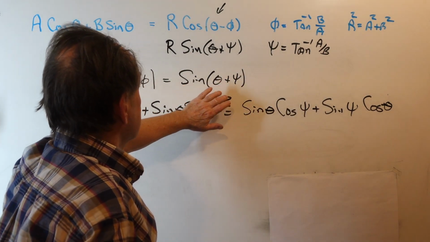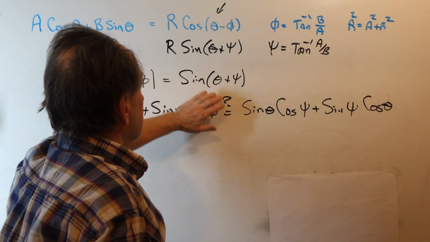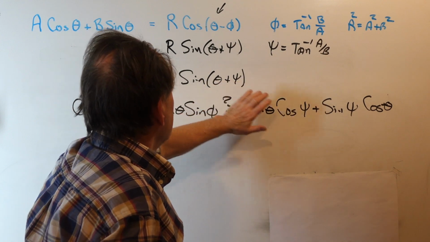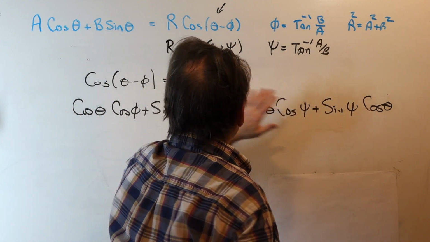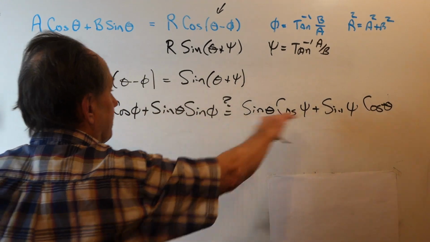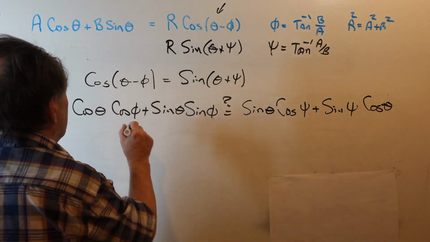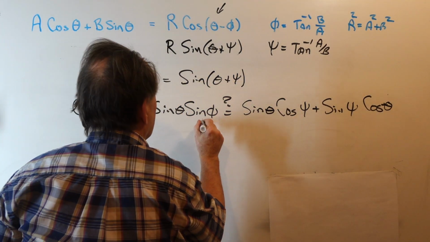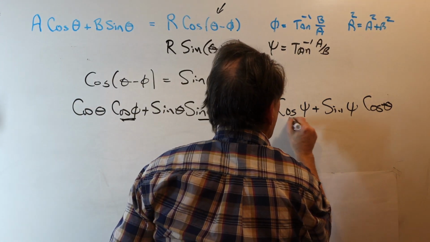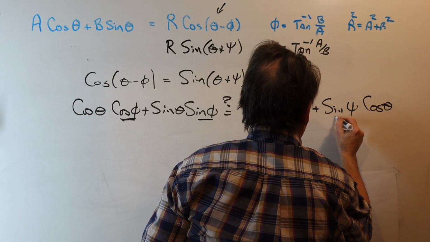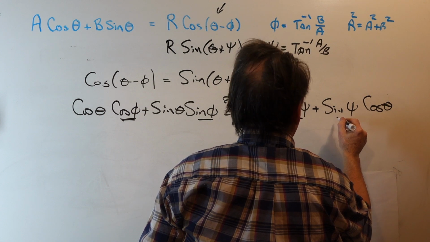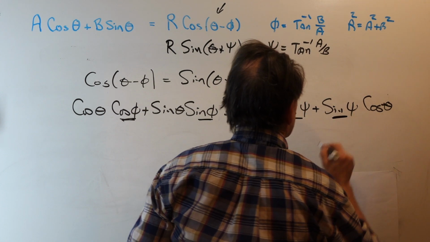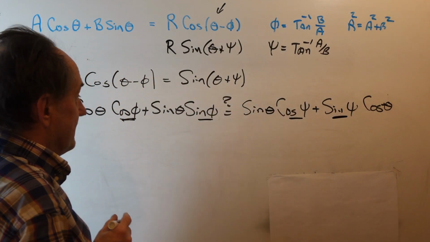And we want to know if these two are equal. Well, we need to look at these terms here: cosine and sine of psi and cosine and sine of phi.